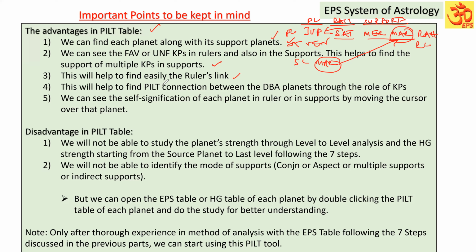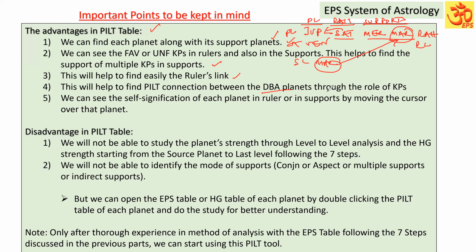This will help to find the PILT connection, that is planetary interlink theory connection, between Dasa Bhukti Antara planets through the role of the key planets. It means if Dasa Lord's key planets are also playing a role in the Bhukti Lord, that is called a PILT connection.